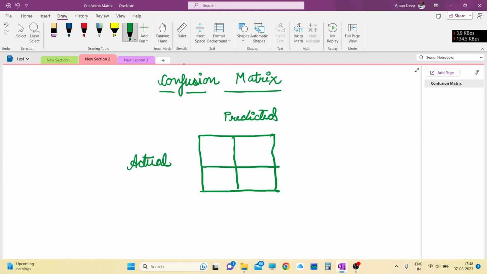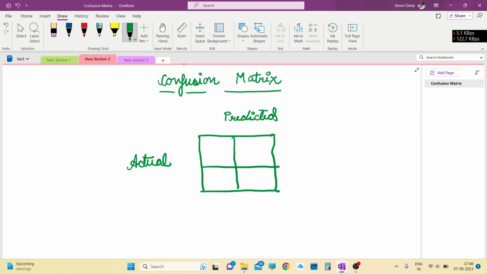The confusion matrix is best understood by an example, and since, as we have studied before, there are two types, balanced and imbalanced data sets, first we will see how to do it on a balanced data set. After that we will see it on an imbalanced data set.